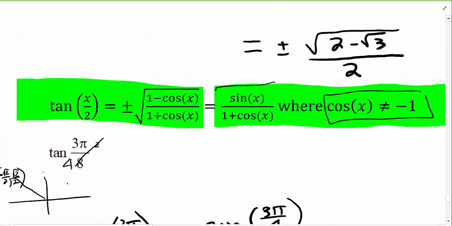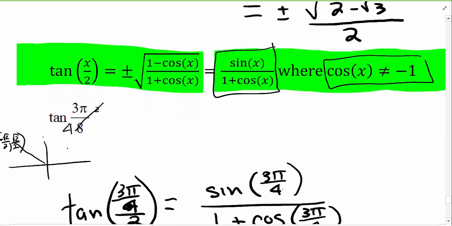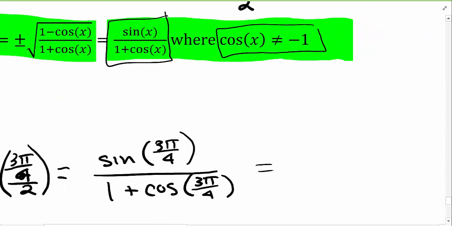And I'm going to choose to use this formula right here. So we have sine of 3 pi fourths over 1 plus cosine of 3 pi fourths. So sine of 3 pi fourths is root 2 over 2, over 1 plus negative, so subtract root 2 over 2. And then you're going to simplify all this.